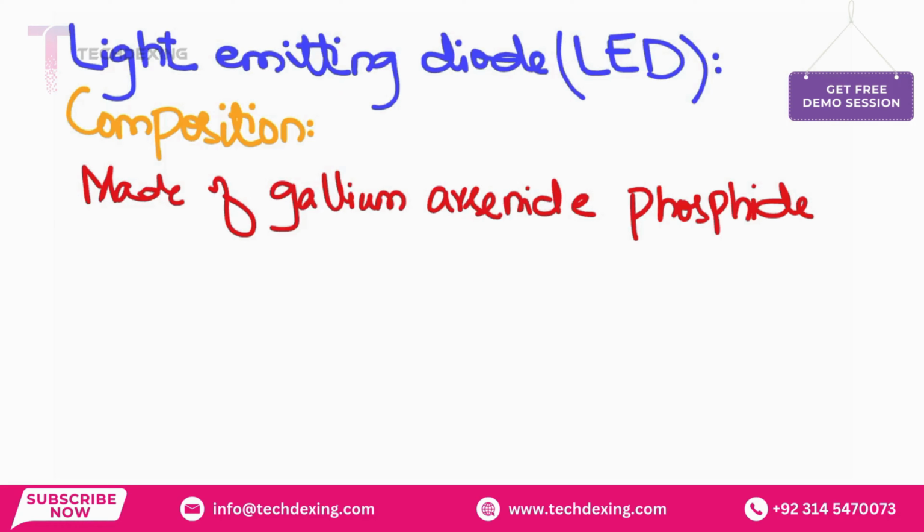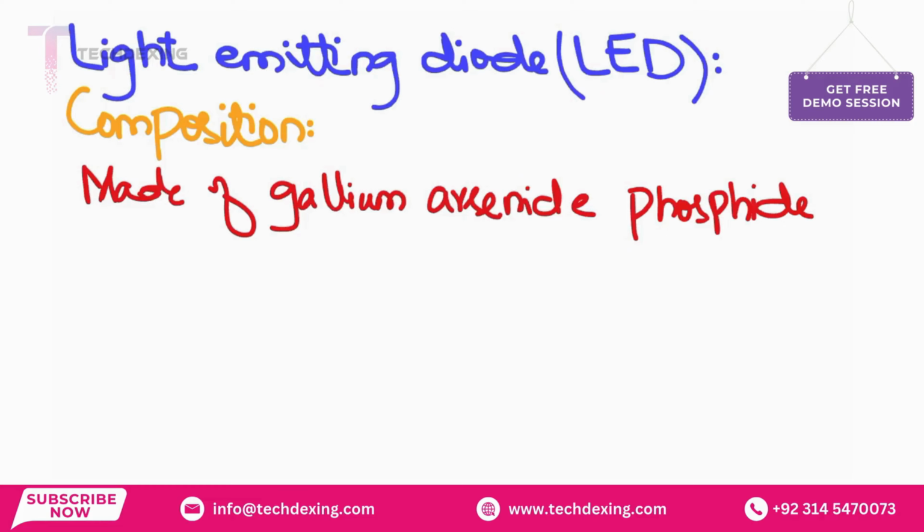It means this semiconductor material contains three elements from the periodic table: gallium, arsenic and phosphorus. This is a special kind of semiconductor material used to make the light emitting diode.